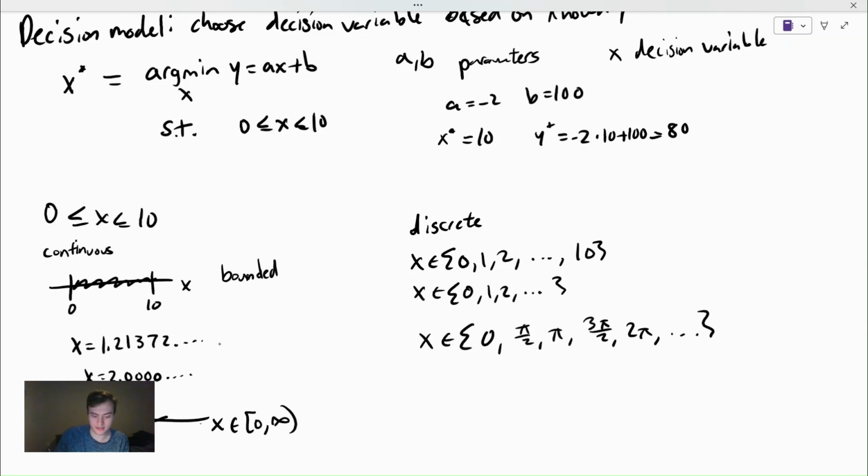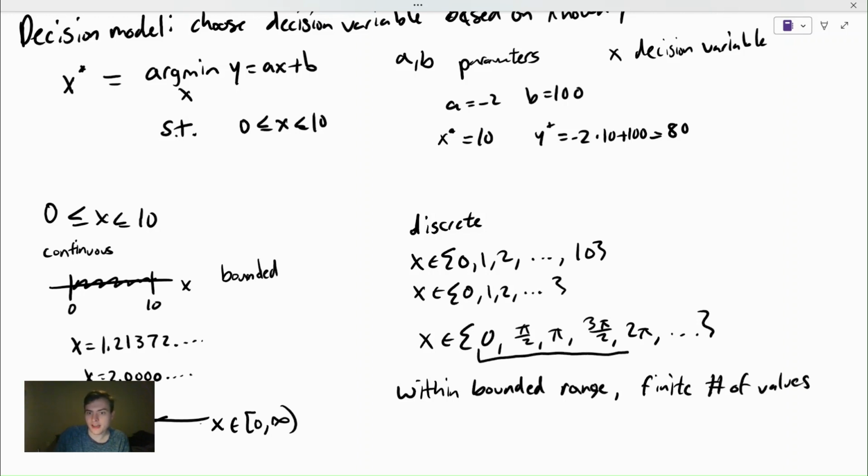The difference between them is when we look at a bounded range, there's a finite number of values for a discrete variable. Within a bounded range, finite number of values, right? So if we were saying x was between 0 and 2 pi, there would be exactly 5 possible values.